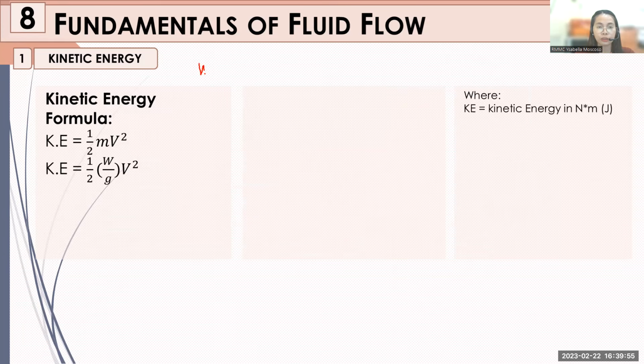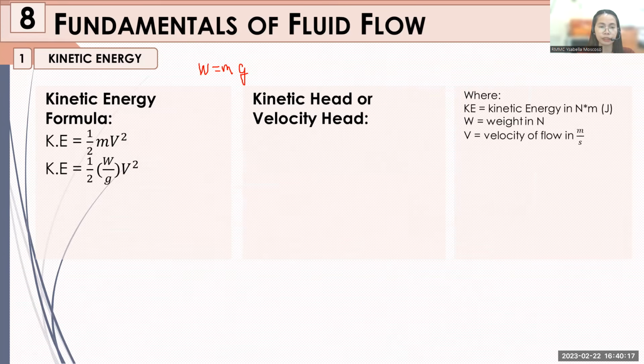Because we all know that your weight is equal to mass times gravity. Deriving the formula, therefore, weight over gravity is equal to mass, where your weight is in Newton and your velocity is in meters per second. Okay, that is for your kinetic energy.